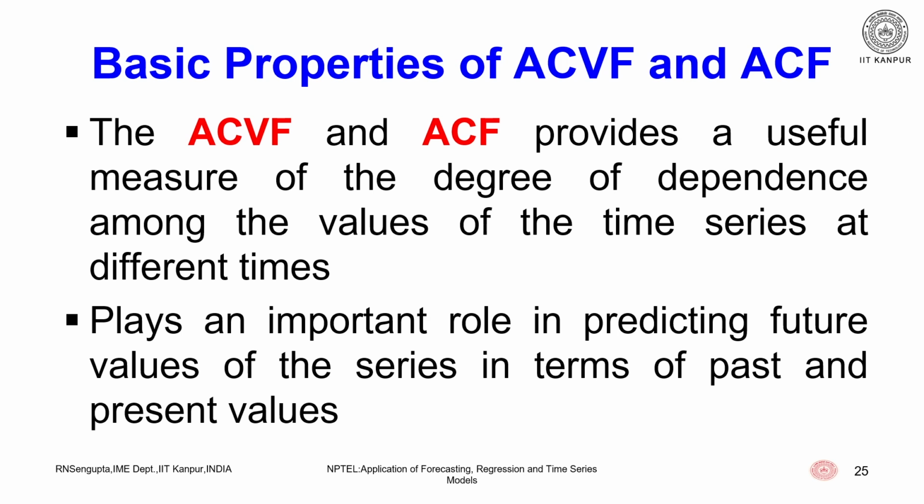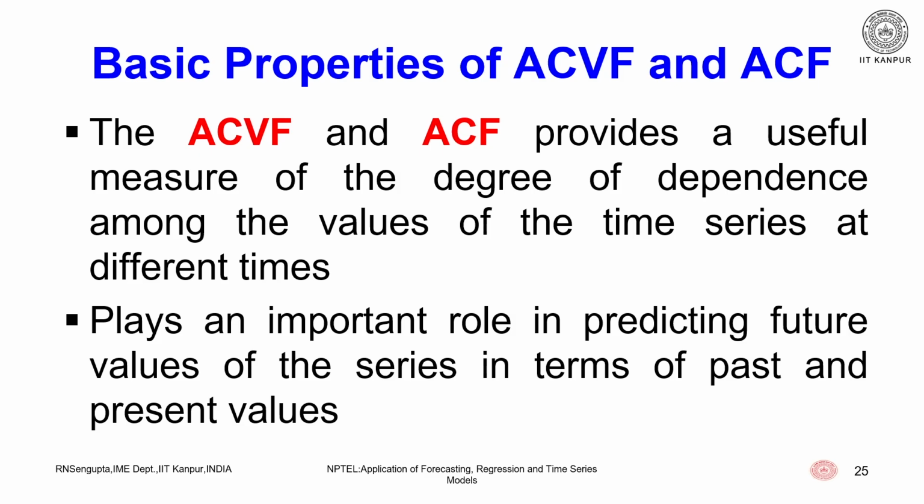Autocorrelation and autocovariance functions provide a useful measure of the degree of dependence among the values, because what we have is only the time series and you are trying to find out the relationship with respect to the variances and the correlation, and obviously we know correlation is always between -1 and +1.